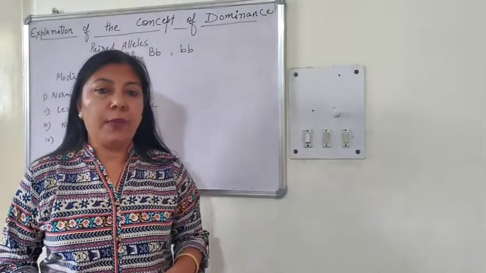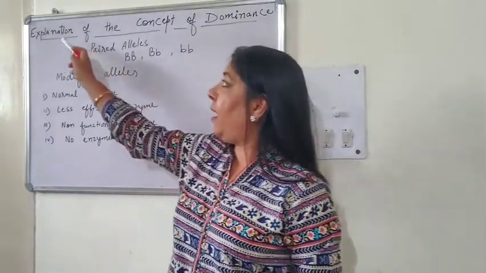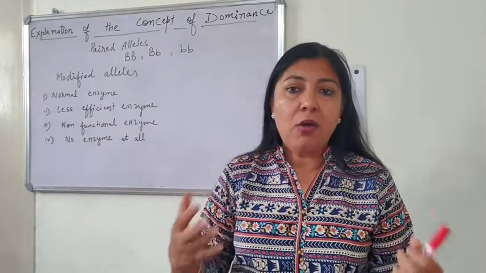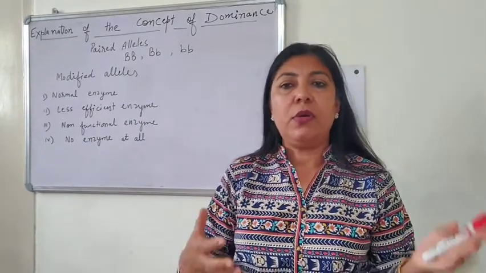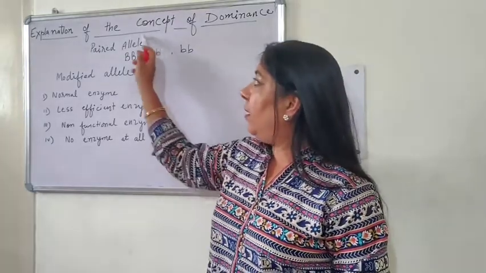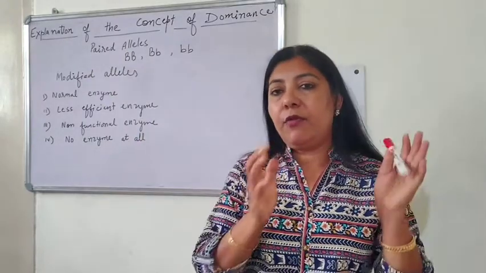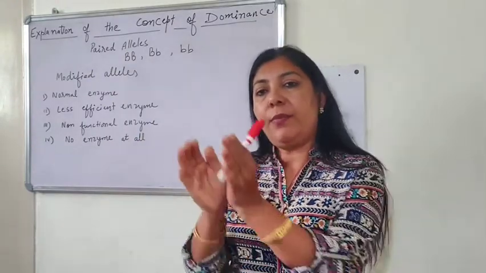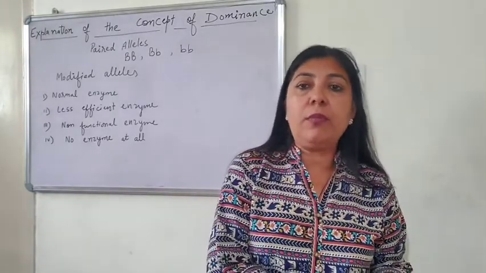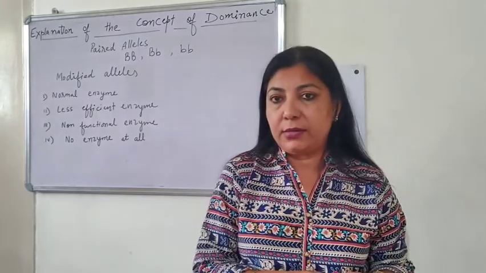So, after pleiotropy, let us understand the explanation of the concept of dominance. How is this dominance able to express itself? According to Mendel, he had given the paired alleles concept. He said that for every trait there are paired alleles, and these paired alleles may be homozygous dominant, homozygous recessive, or heterozygous.